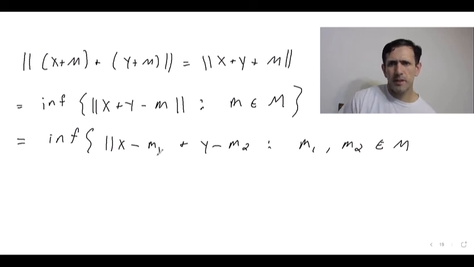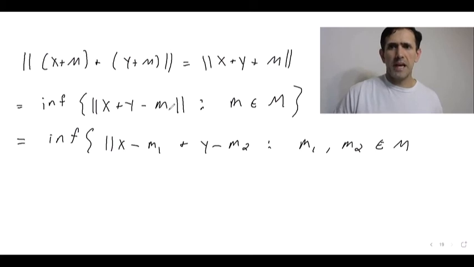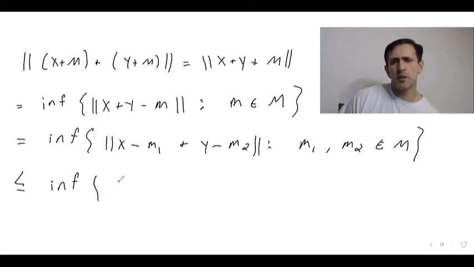And this is a bit silly because, you know, M1 plus M2 is in big M. Big M is a subspace. So the two sets are trivially equal. But I can use a triangle inequality here, right? And inf is going to preserve it. You can check that because I'm using a triangle inequality here, it's going to be less than or equal to here.